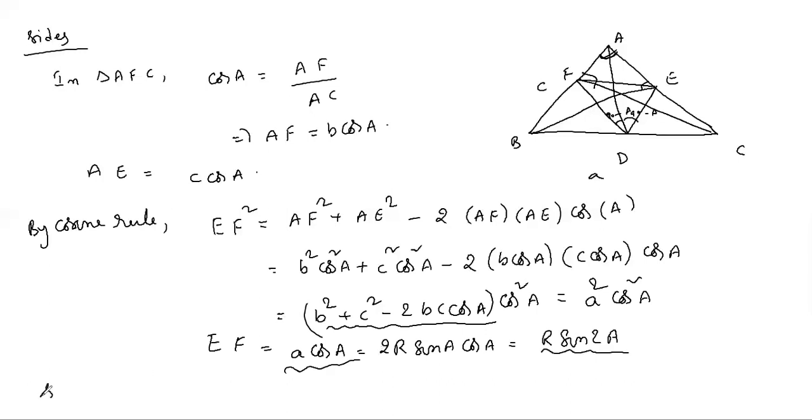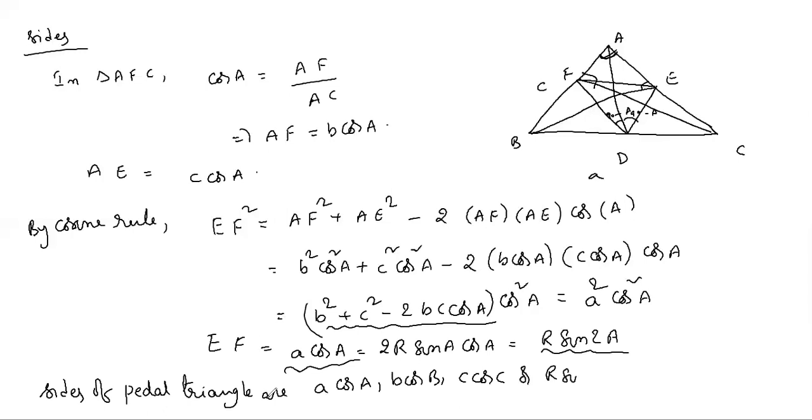So what are the sides of the pedal triangle? a cos A, b cos B, c cos C, or you can write R sin 2A, R sin 2B, R sin 2C. So these are the sides of the pedal triangle. Angles we have seen are 180 minus 2A, 180 minus 2B, 180 minus 2C.